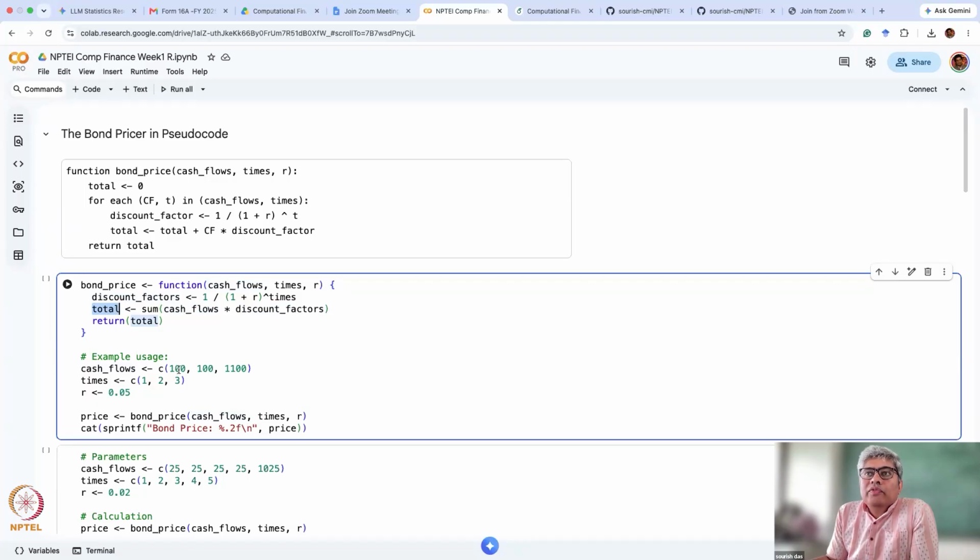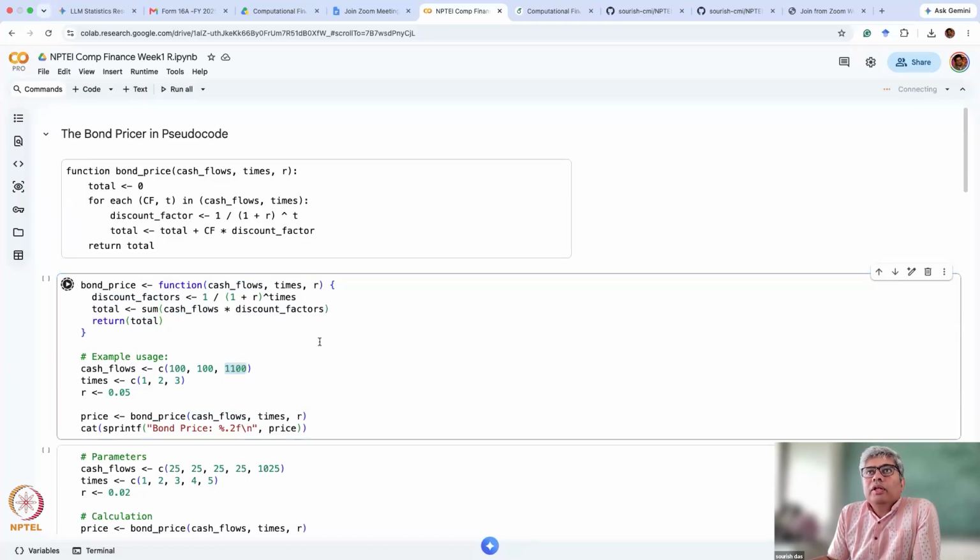The example that we will choose: suppose I have a cash flow where the first installment is 100, the second installment is 100, and the last installment is 1100, and R is 0.05. If I run this the first time, it generally takes a little bit of time to connect to the Google Colab server.